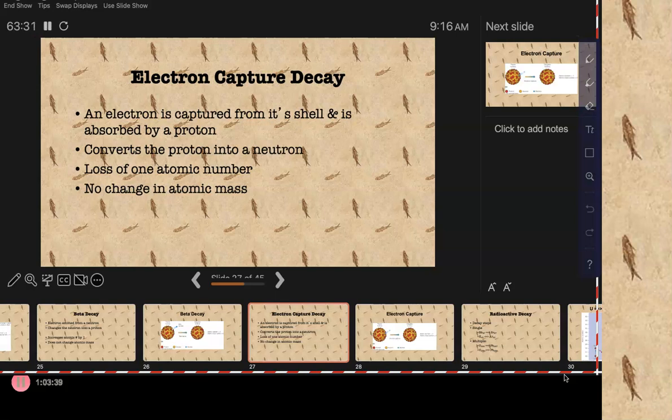So in electron capture, a proton is gaining an electron, which guess what? Turns it into a neutron. So you lose an atomic number, but again, the mass stays the same. So that would leave you with a heavy 1 notch down.